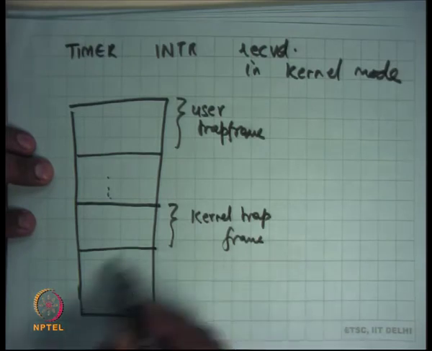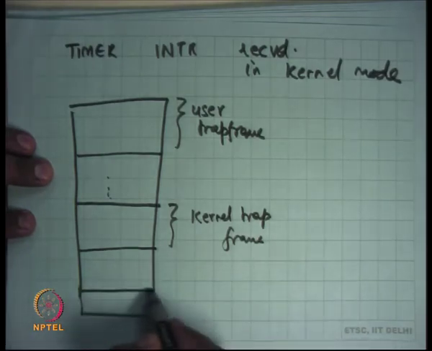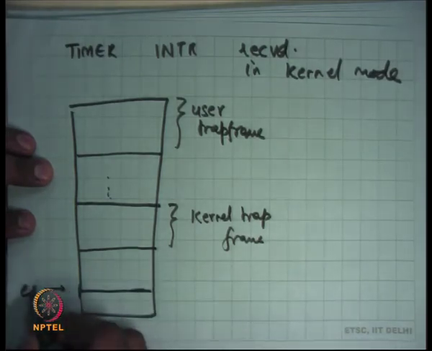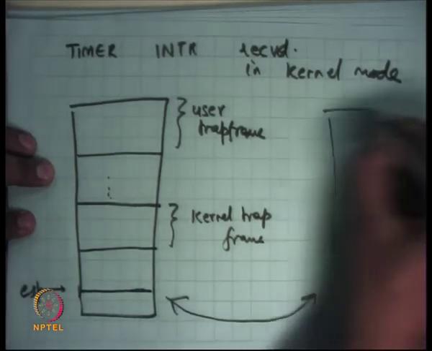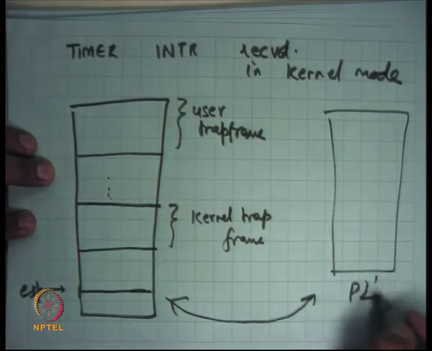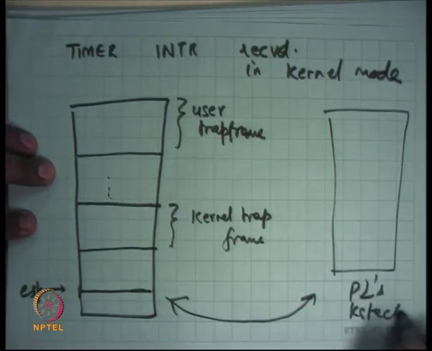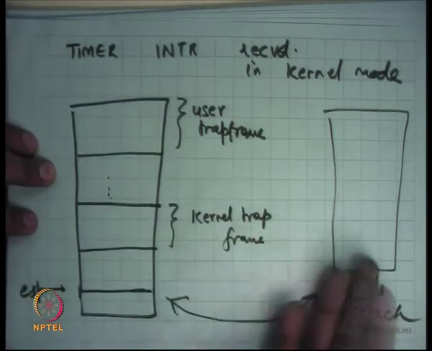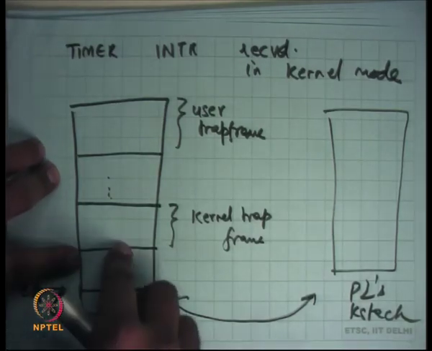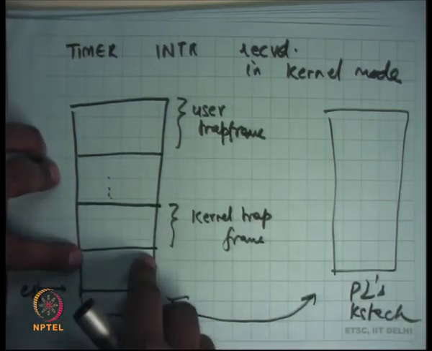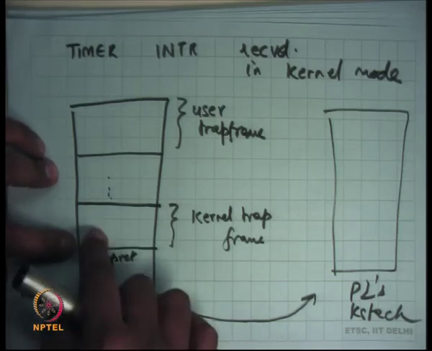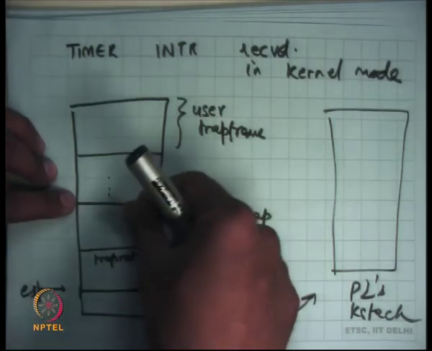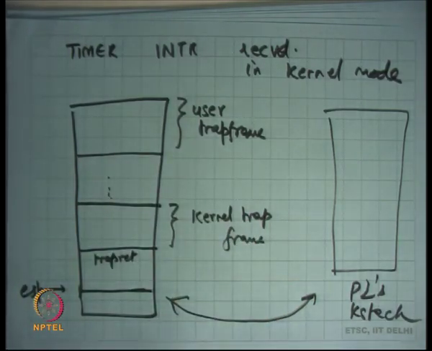At this point let us say it decides to context switch, so from here it just context switches to another process P2's K stack, just like before. If it ever comes back, it is going to unwind the stack. Once again the kernel's trap frame is going to have trapret here, so it is going to return to the trapret function, return from the kernel trap and resume execution at exactly the same point where it was interrupted in the kernel.